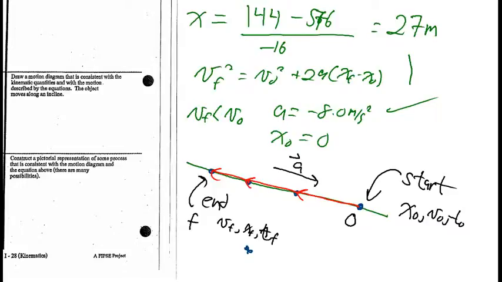And so this object traveling up this ramp is going to slow down as it travels and eventually come to rest and then turn around and come back down again.